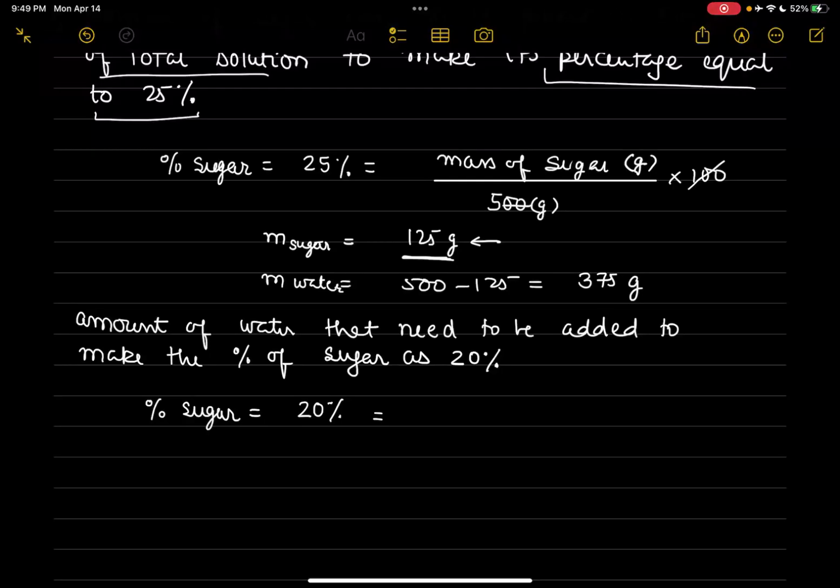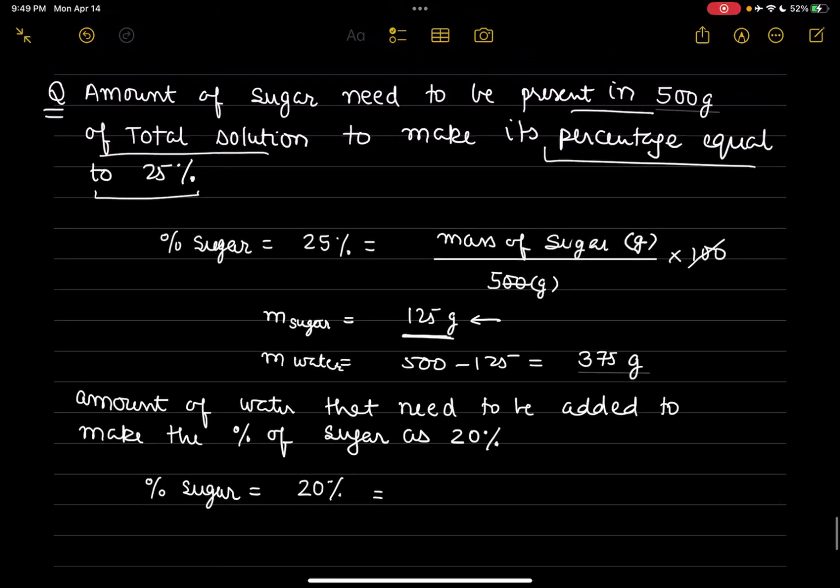This is not a new question, just a modification of the above. Do you agree? So what should I write as the mass of sugar? 125 grams. And what is the total mass? Will it still be 500 or will it change?